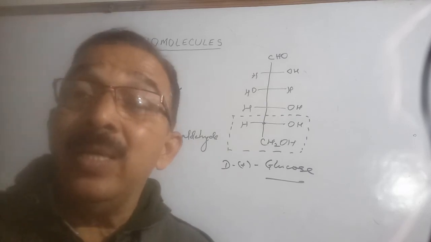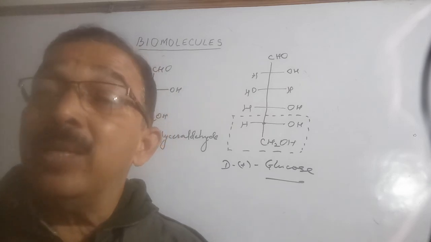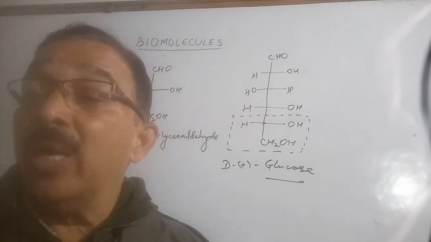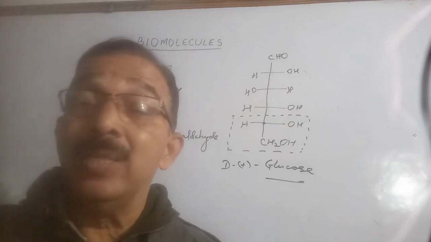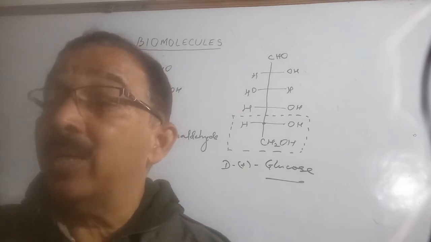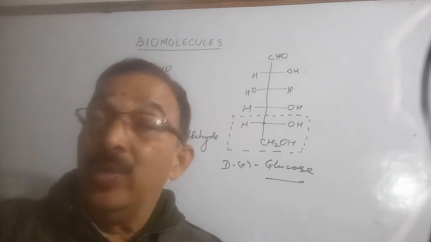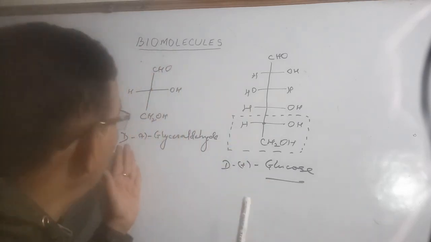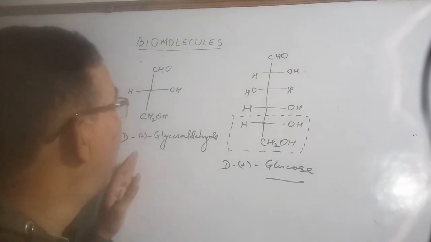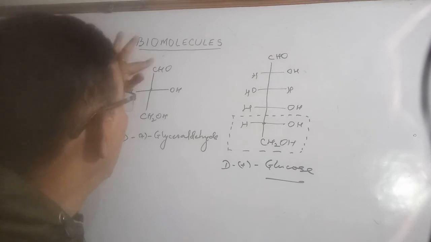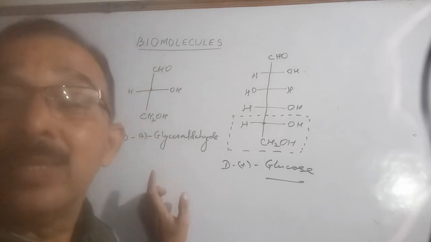The letters D and L before the name of any compound indicate the relative configuration of a particular isomer of glyceraldehyde, and glyceraldehyde contains one asymmetric carbon atom and exists in 2 enantiomeric forms, which has already been shown. One form is written on the board right now. This is clockwise rotation, so D plus glyceraldehyde.